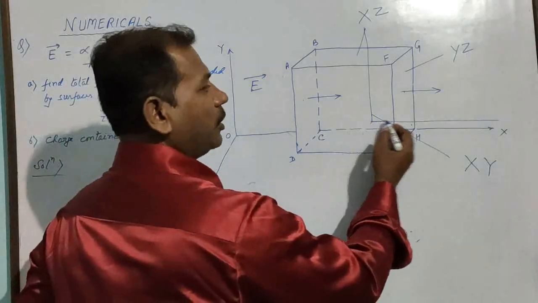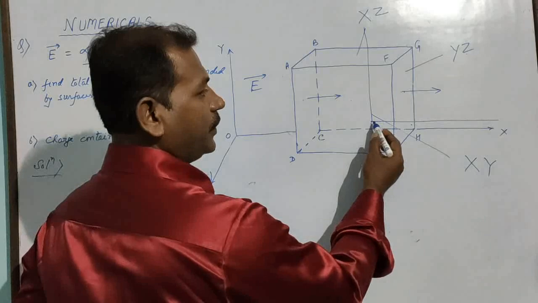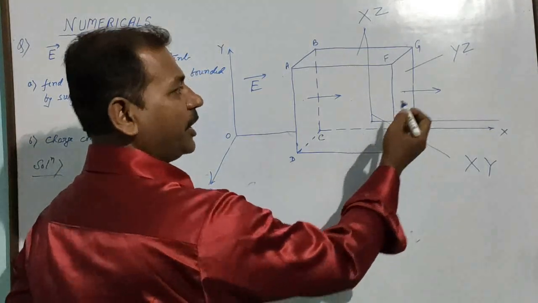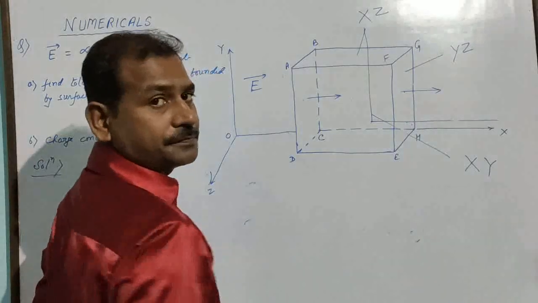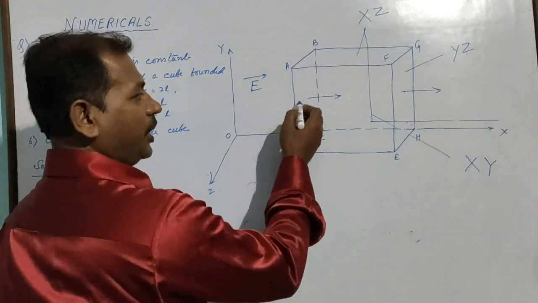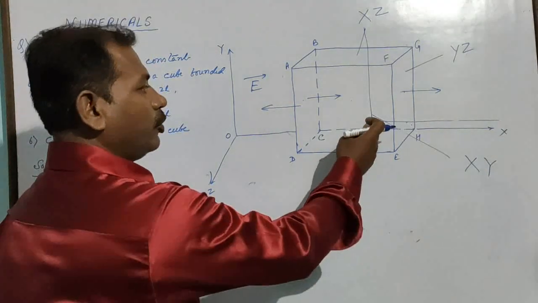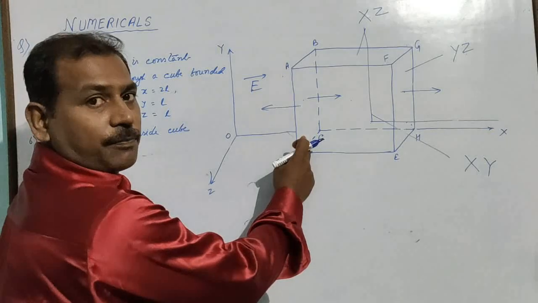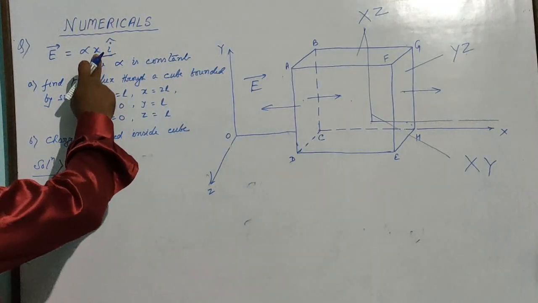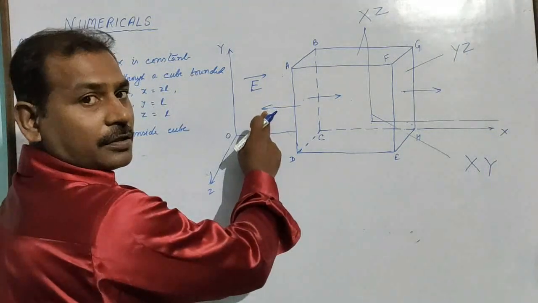So when it is moving along this direction, in the same manner, you will take the field intensity here at a particular distance and multiply it with this area vector. When you are taking along this direction, your area vector will be along this direction. Similarly, you will find out the field intensity at this particular place using your variation of dimension or the distances and multiply it with the area vector.